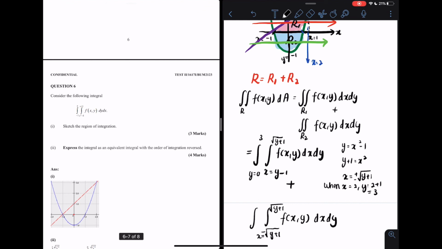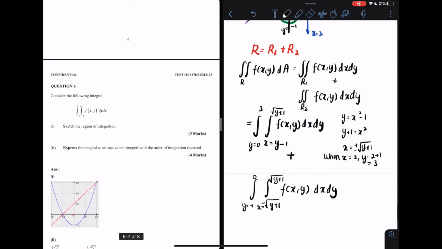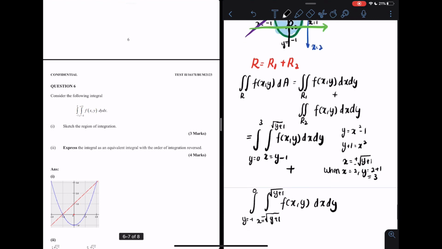Negative 1, 0 represents the vertex of this parabola, or it intersects the y-axis at y is equal to negative 1. Hence, y is equal to negative 1 will be the lower limit with respect to variable y, and y is equal to 0 will be the upper limit with respect to variable y for the second region R2. Hence, this will be the answer for this problem.